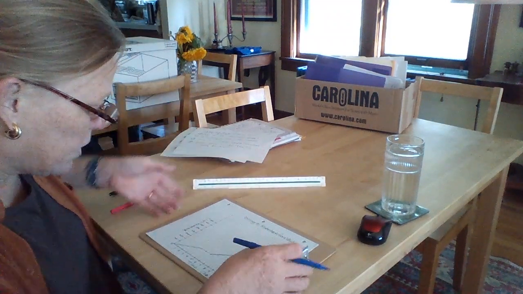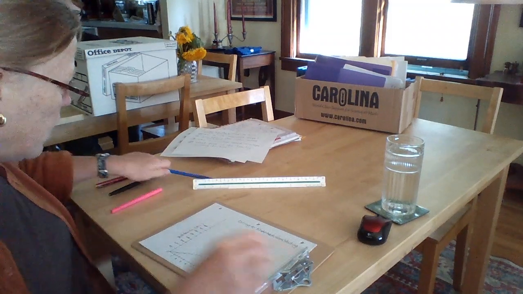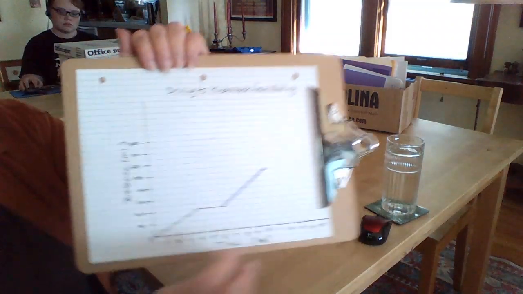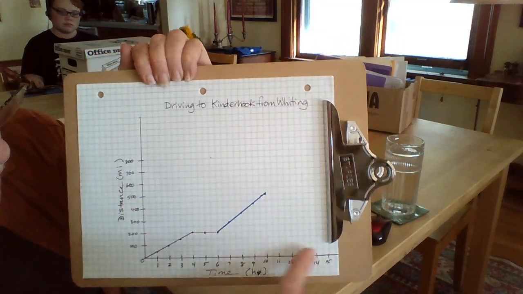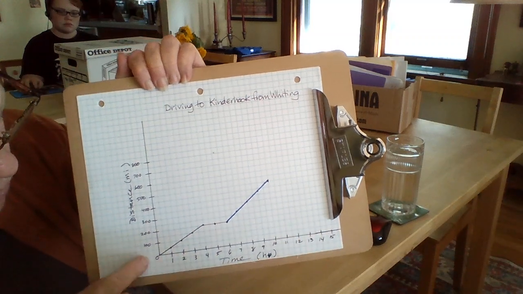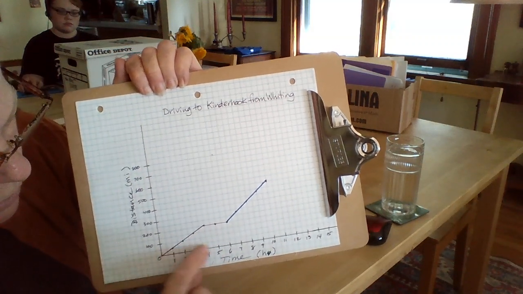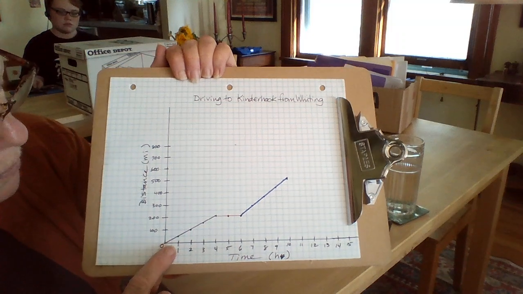Now let's back up and see, now that we've done this, what are all the elements on our graph? Because that's the first question we're answering. We have a title. We have axes with a scale. And your scale has to make sense given the data that you're going to have.